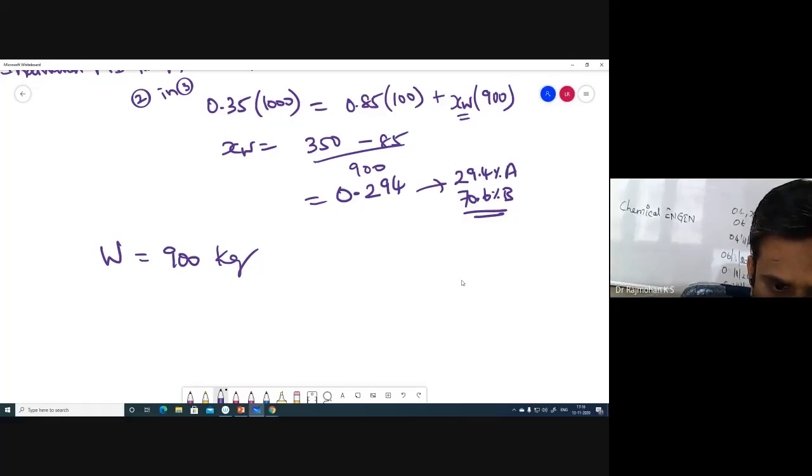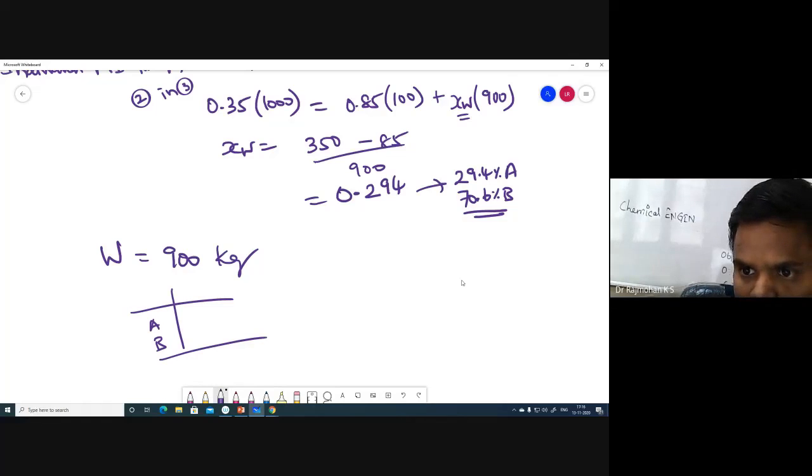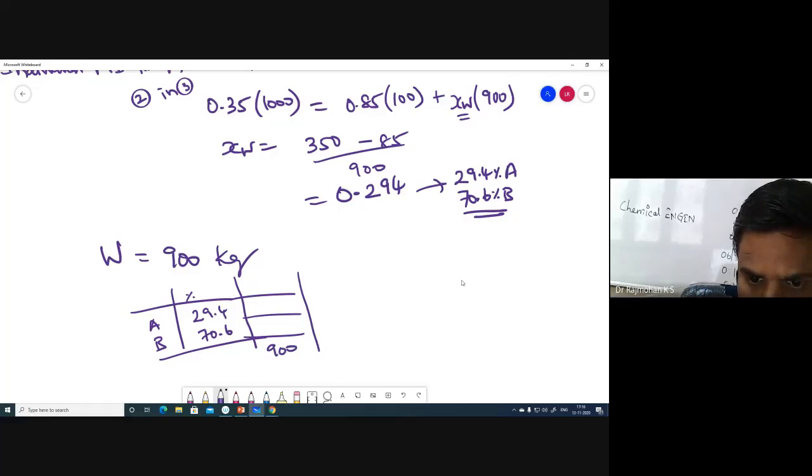Composition of W: it contains A and B. Percentage you can write as 29.4 and 70.6. Okay, the quantity also we can write if you want. Total should be 900. What is the amount of A in W?